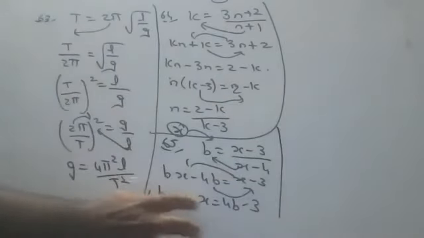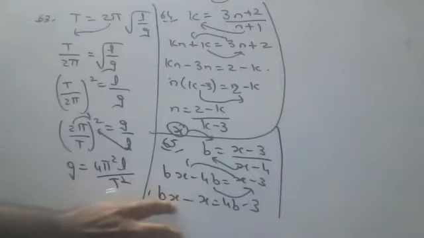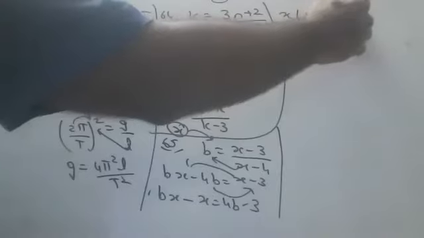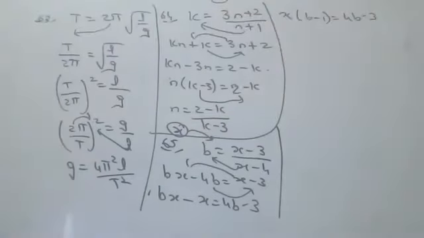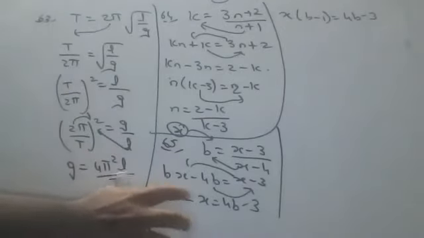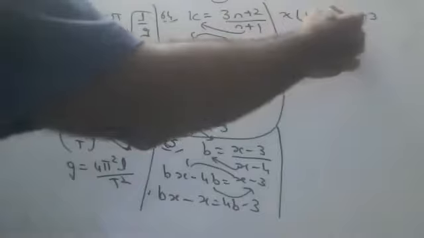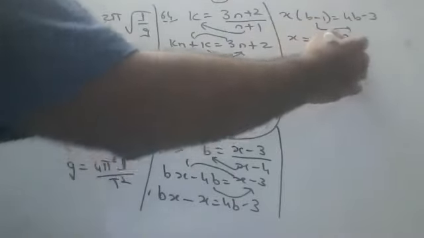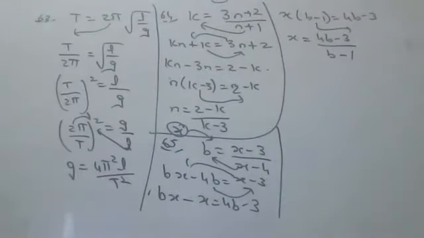Take x common. Okay, now mute your audio. So children, x you take common, b minus 1. Then bring minus 1 down. So x is equal to 4b minus 3 by b minus 1. That's all, children. This is how we have to do.